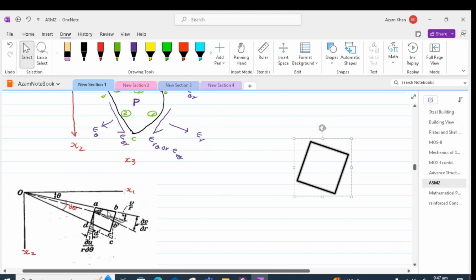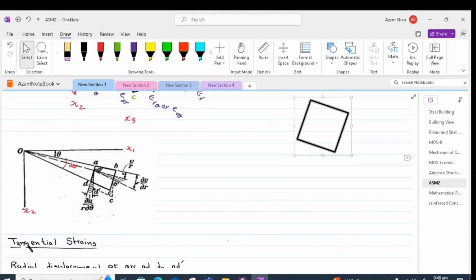One is that there are rigid body displacements in the element ABCD when that is getting displaced in the tangential direction. Secondly, the displacement in the tangential direction will also cause a displacement along the radial direction of this element, thus reiterating that the strain in the tangential direction depends not only on the displacement v, bearing in mind v is the displacement in the tangential direction, but also on the radial displacement u.